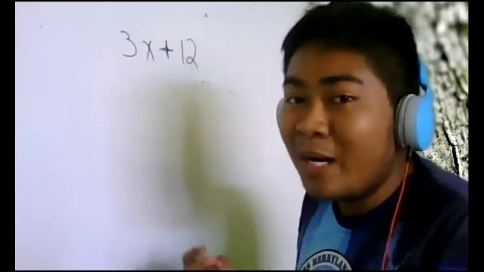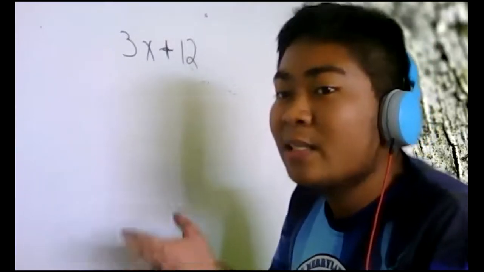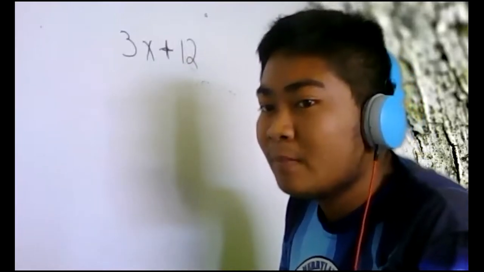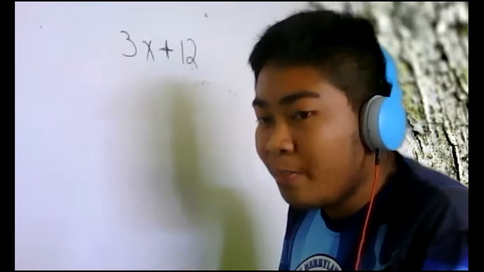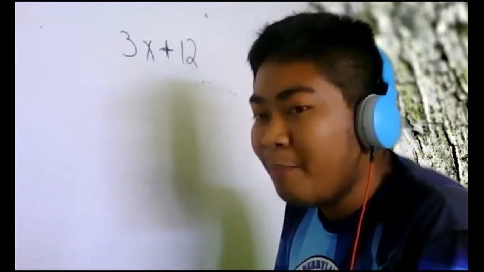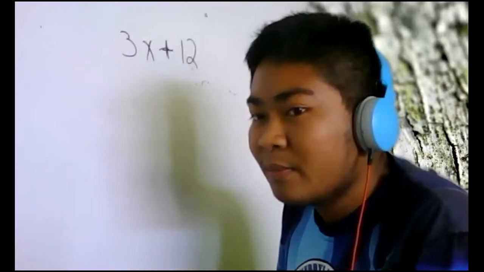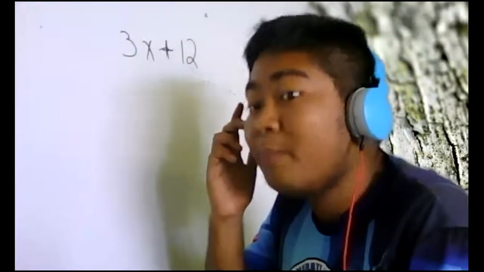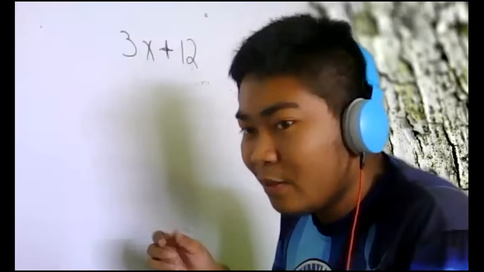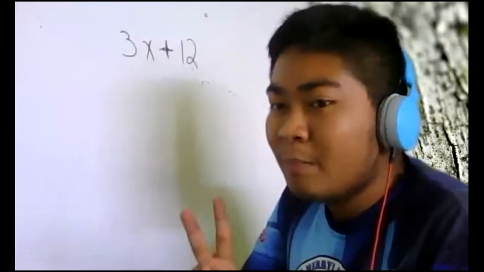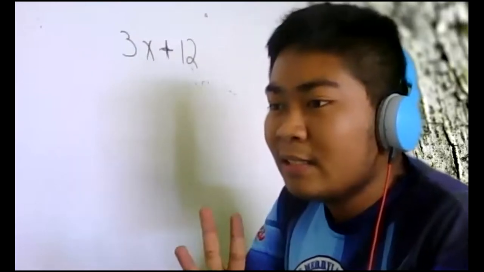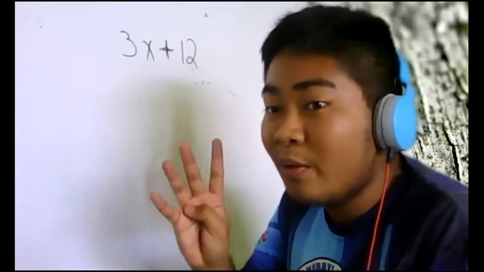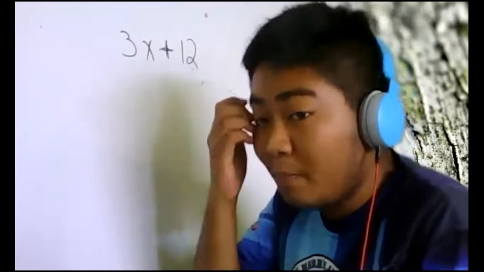Kapag dalawa, it is binomial. Kapag tatlo, trinomial. Kapag apat pataas, polynomial. Monomial, binomial, and trinomial. And then, kapag apat na, we call it as polynomial.